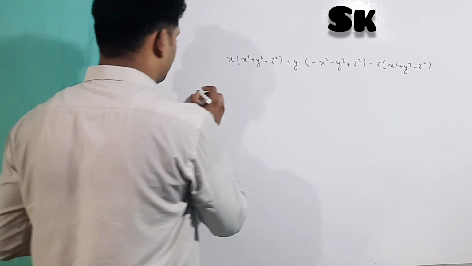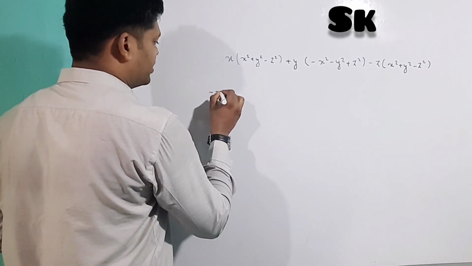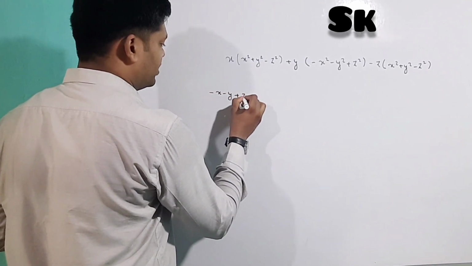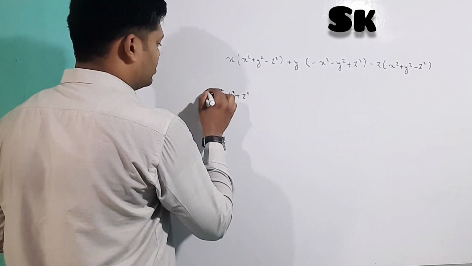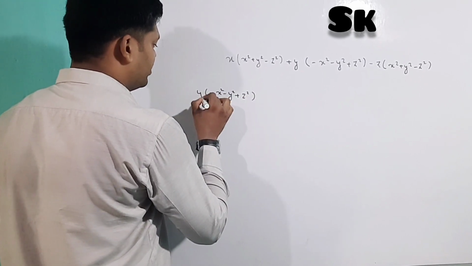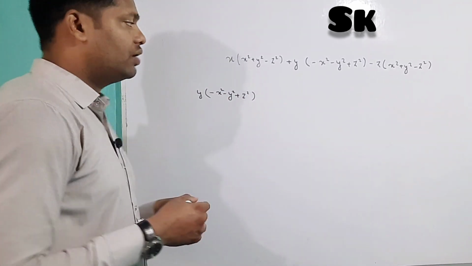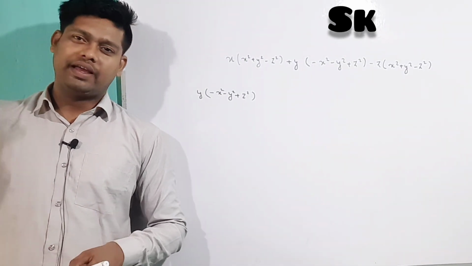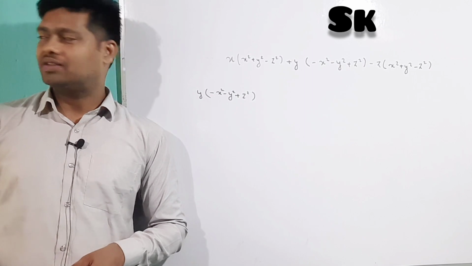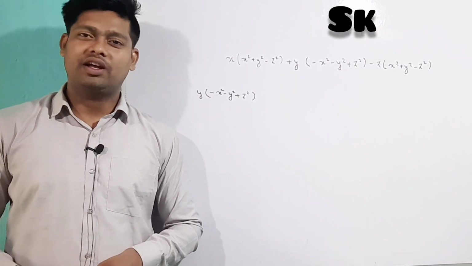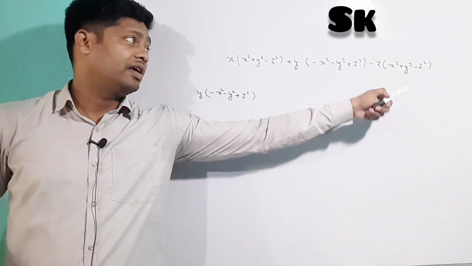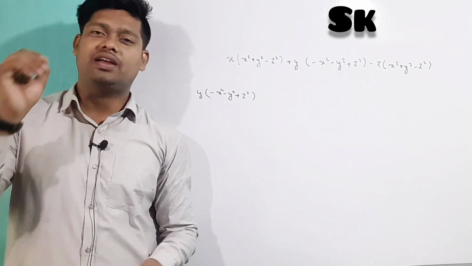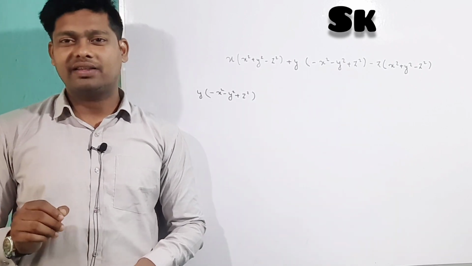Okay, let me take minus x minus y plus z square, and outside we have y. Now how will it become the same? What do I have to do? All the x squares should be plus, all the y squares should be plus, and all the z squares should be minus. In the first case it's exactly clear, but in the second case it's somewhat different.